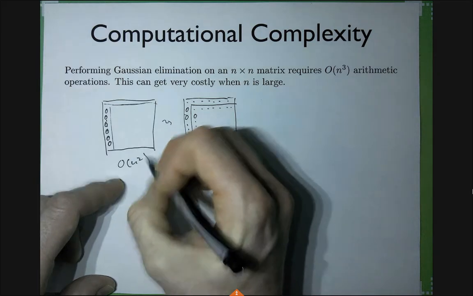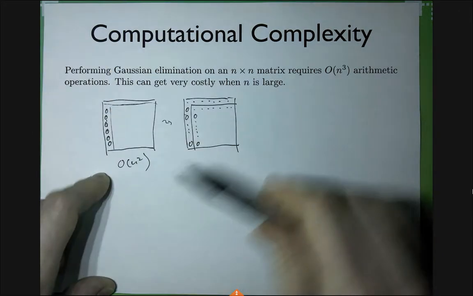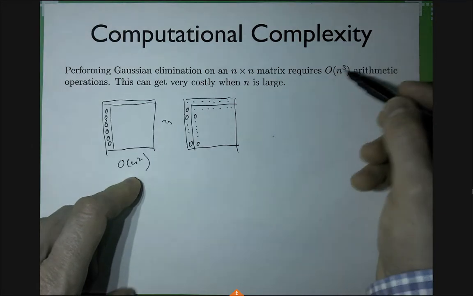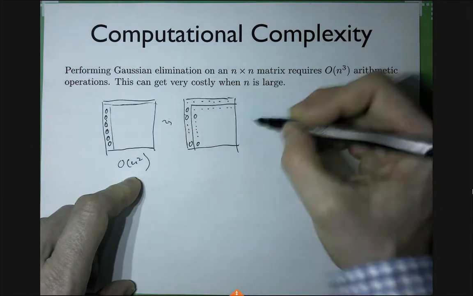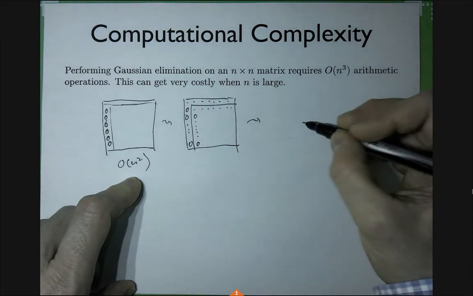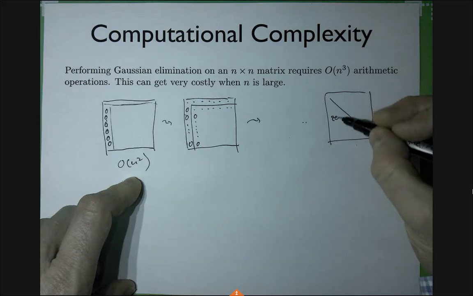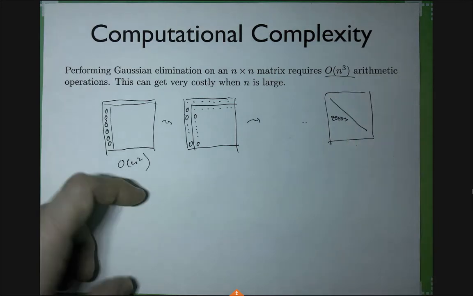Because I have a total number of n² elements in the matrix. Each time I have to do a full sweep through the matrix. And another step, I also need to do a full sweep. It will be certainly a little bit less than n³, but I need n of these steps to bring it to this form, when there are zeros everywhere here. So altogether, I get O(n³) complexity.